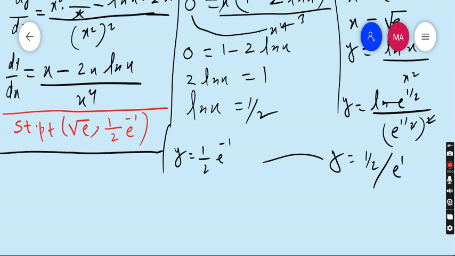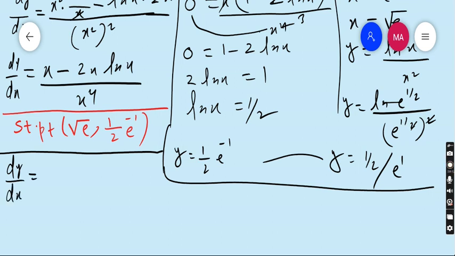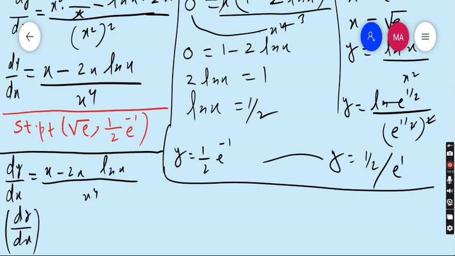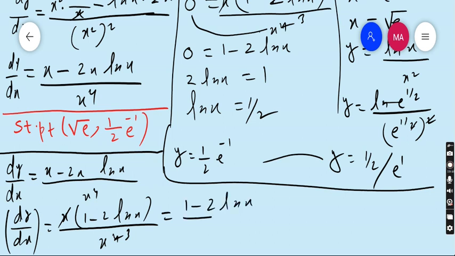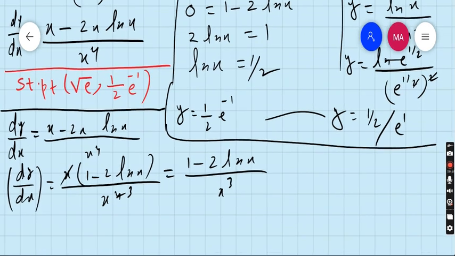Taking dy by dx, x minus 2x ln x upon x4, taking x is common, 1 minus 2 ln x upon x4, x cancel by x4, 1 minus 2 ln x upon x cube. Now it's a time to find the second derivative.